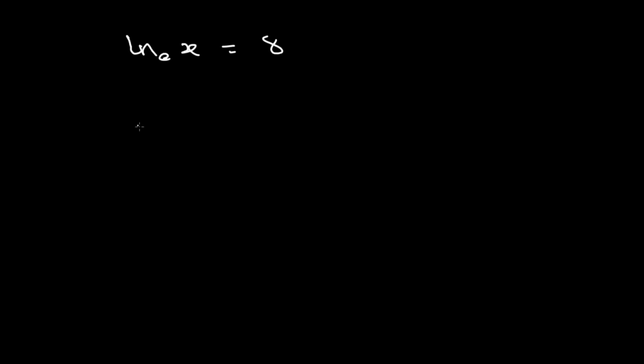So we put this into that, because that e is silent, and then I do e to the 8. So this reduces to x equal to e to the 8. That's the value of x.